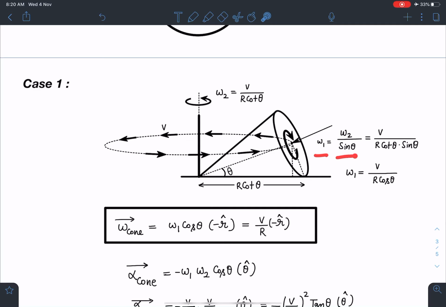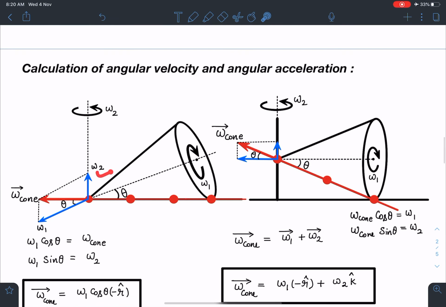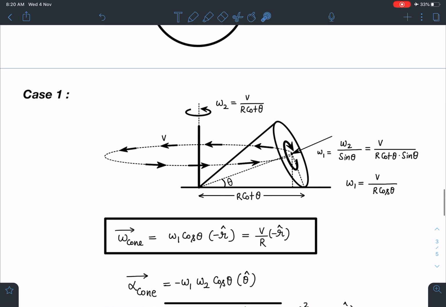Omega 1 is equal to omega 2 by sine theta, or you can say omega 2 is equal to omega 1 sine theta. So here I can substitute the value of omega 2 in this equation, and when I simplify, I'm going to get omega 1 as v by r cos theta. Please see, this omega 1 is about this axis and its value is coming as v by r cos theta.